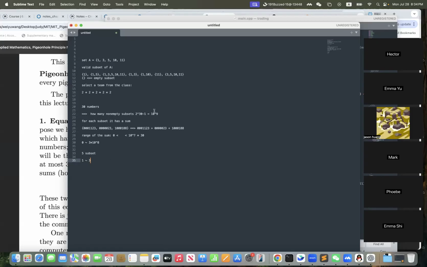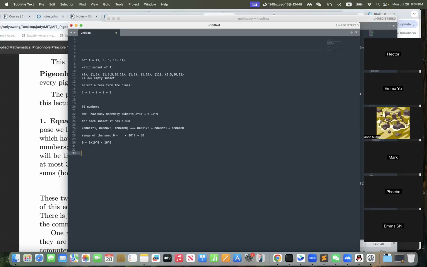So we have 10 to the 9 subsets, but each subset can only take a value from 0 to 3 times 10 to the power of 8, which is less than 10 to the 9, right? Do you agree on this? So now do you know why we can confirm that there must exist two subsets that have an equal sum? Yeah, now you get it.